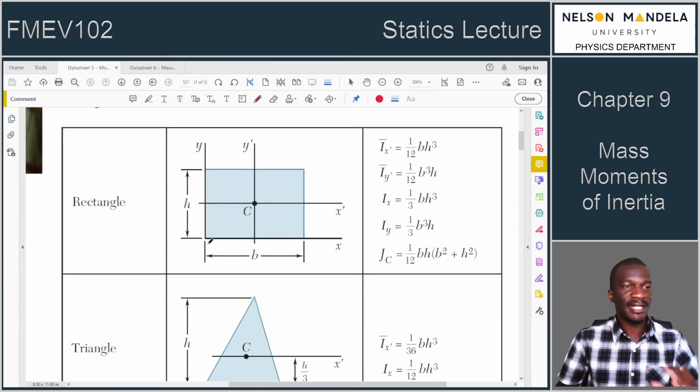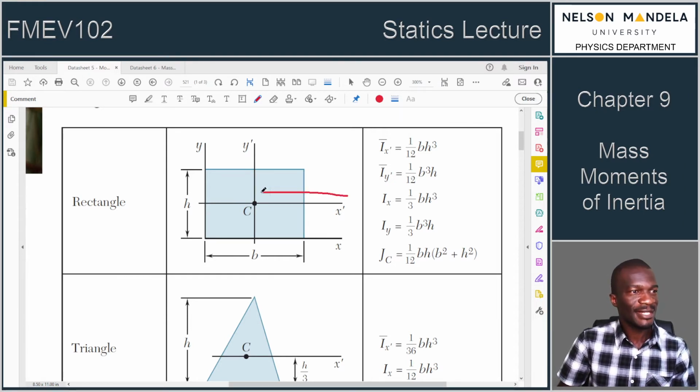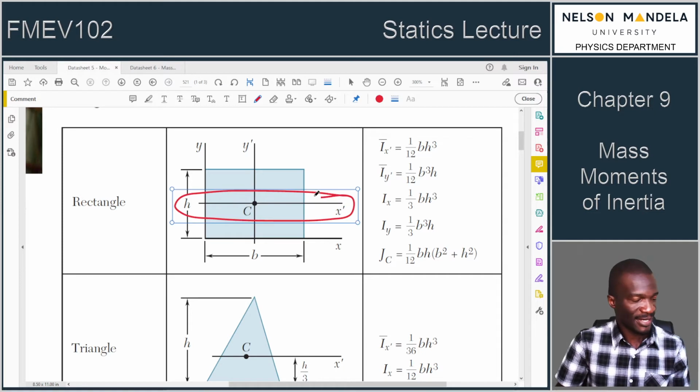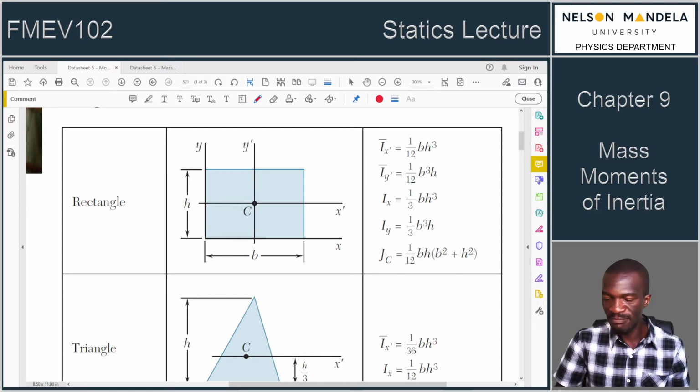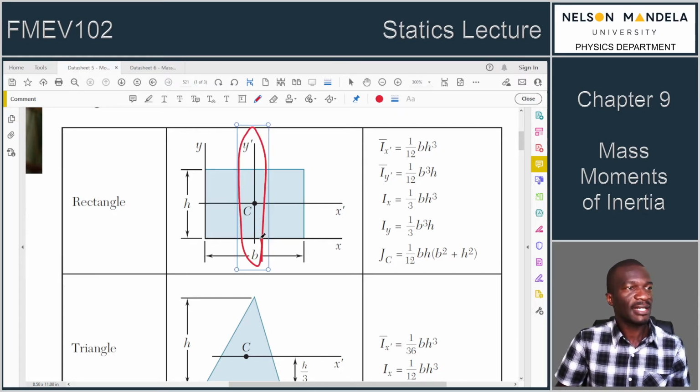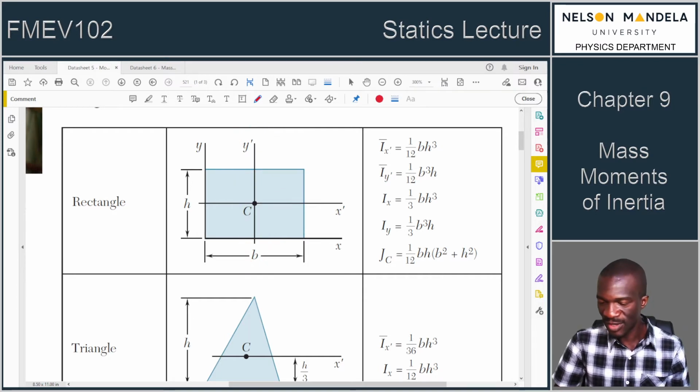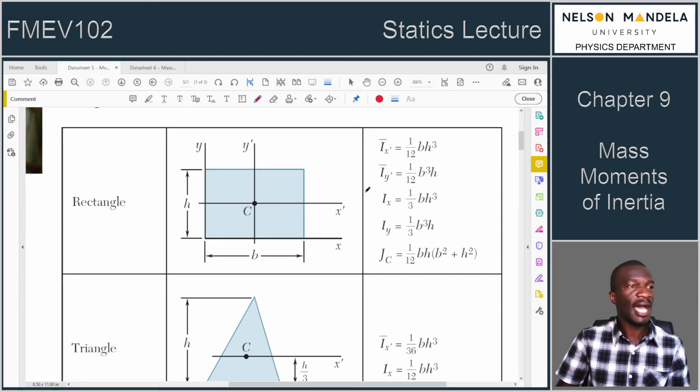Right, so this is the rectangle area. In our case, the x prime axis is actually a b prime axis, and the y prime axis is actually the a prime axis. We want to find the moment of inertia about this axis, because according to our drawing, this is the a prime axis.